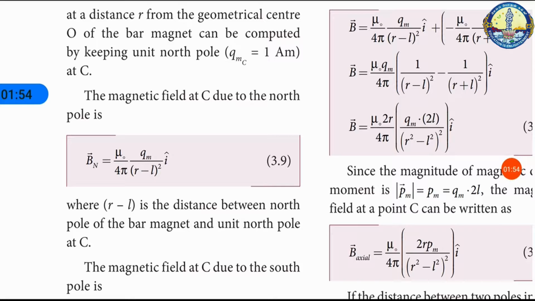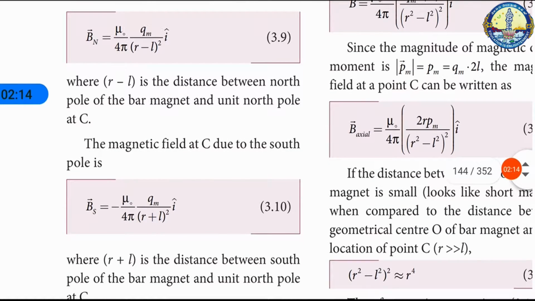The force exerted by the magnetic field is directly proportional to the charge and inversely proportional to the square of the distance between them. Here we are considering only the north pole's field, Bn, so we have only one pole strength, Qm.